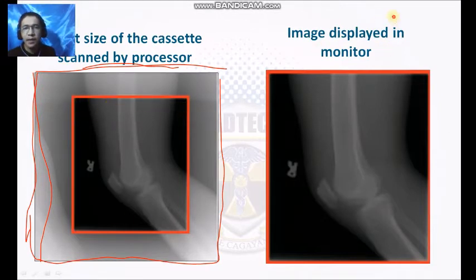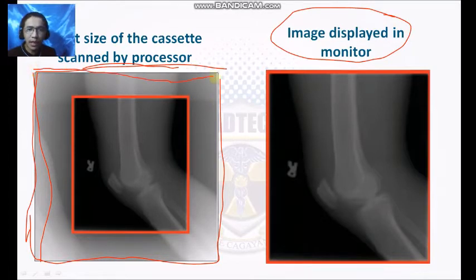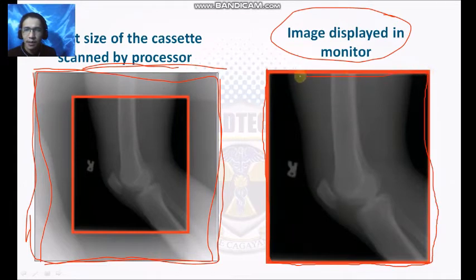Like for example, this image displayed on the monitor. Even if you have a very large image receptor, if you collimated to the area of interest, the computer should be able to recognize that this is your collimated area and this is what should be displayed on the monitor. So that is exposure field recognition.